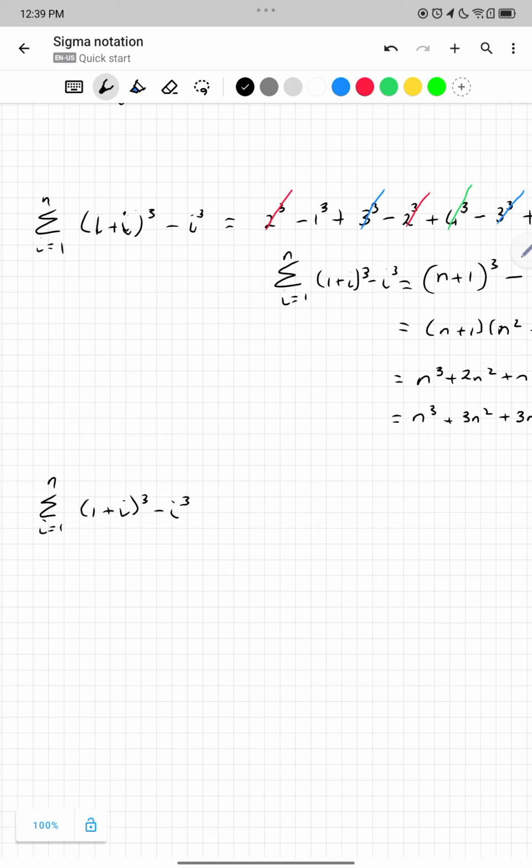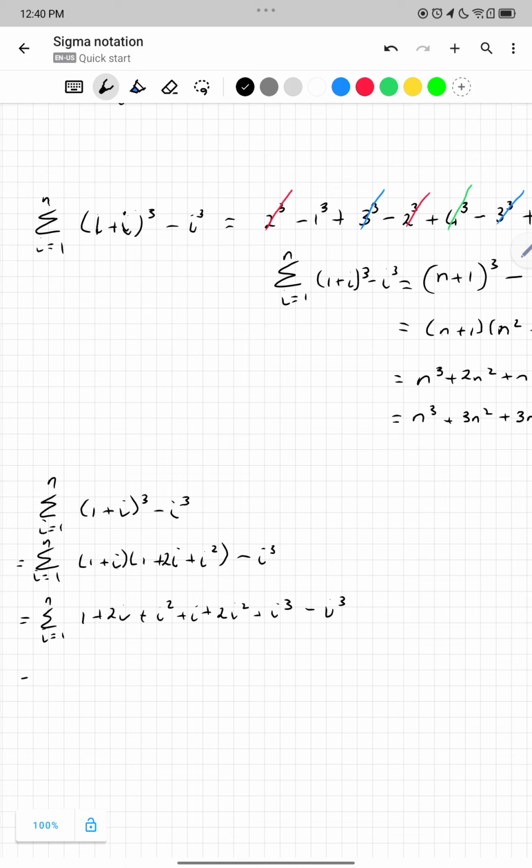So this is equal to 1 plus 2i plus i squared plus i plus 2i squared plus i cubed minus i cubed, summing from i is equal to 1.